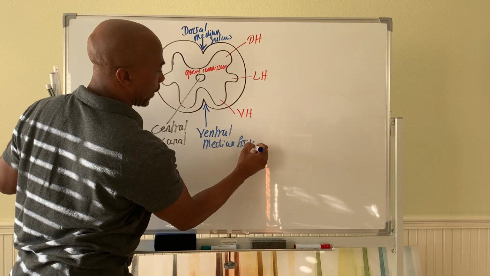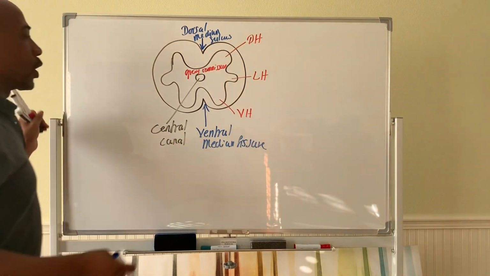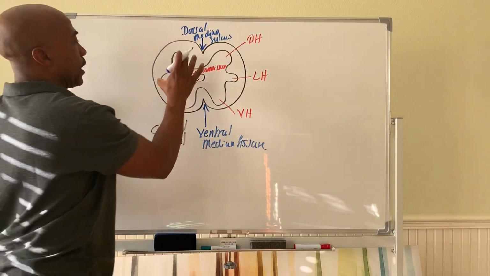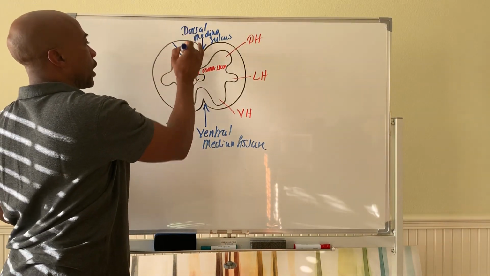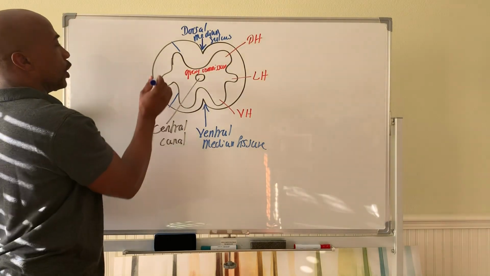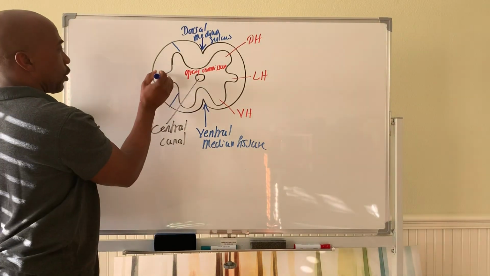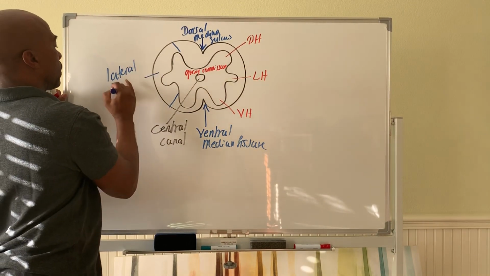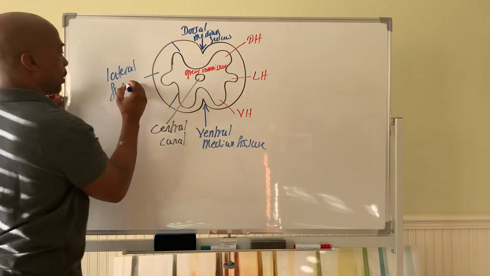fissure. Okay. You can also divide up the white matter into pieces. These columns, you look at a column here, these columns are called funiculus. This column over here is called your lateral funiculus.